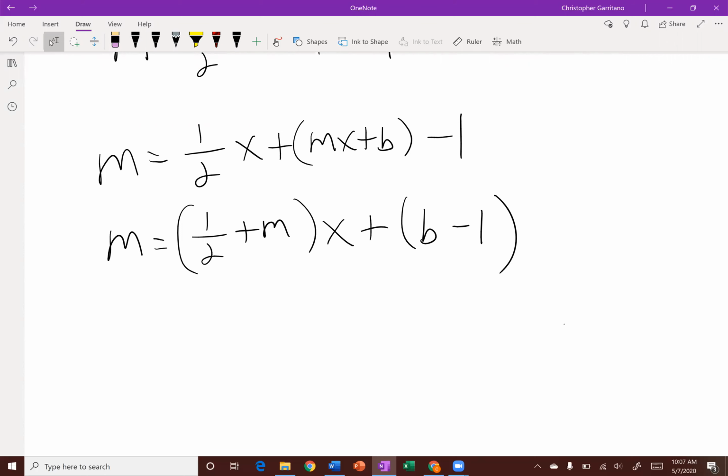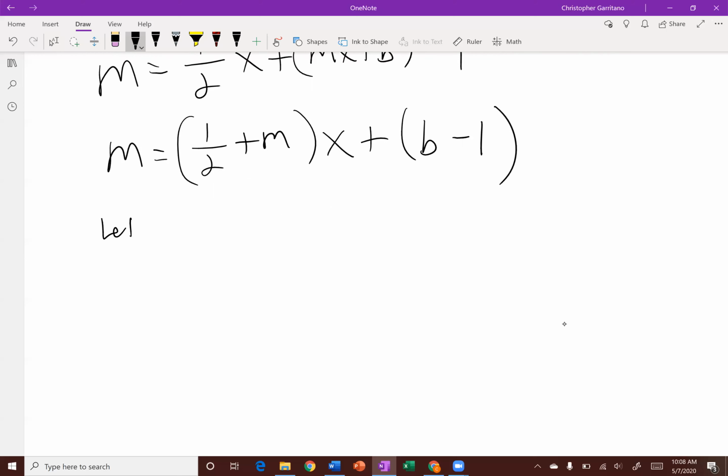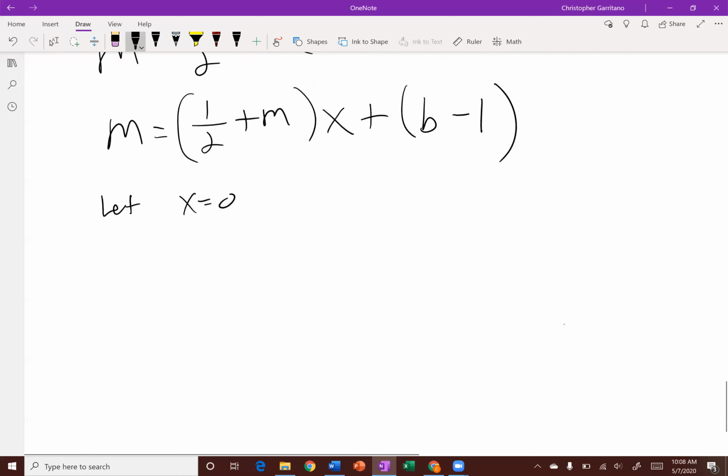So basically, I'm going to choose x values that are convenient for solving for m and for solving for b. The first one is 0. 0 is a very convenient value to plug in. Why? Because it will get rid of this entire first term here, which will allow me to get an expression for b. So let's let x equal 0.